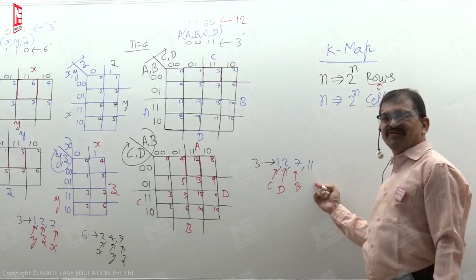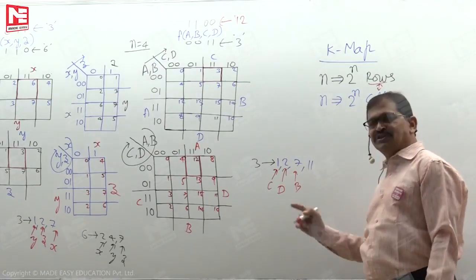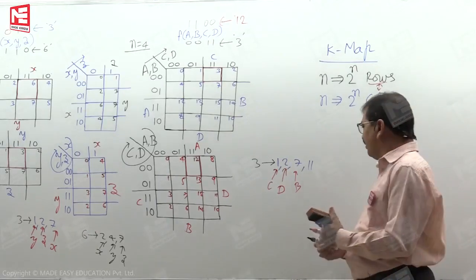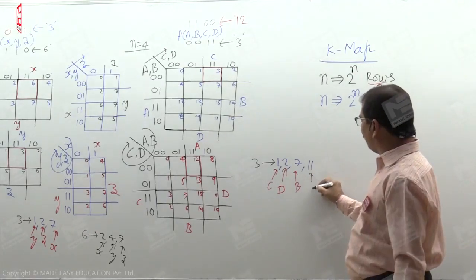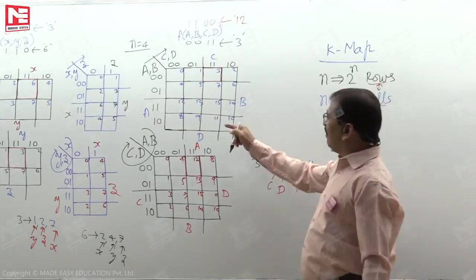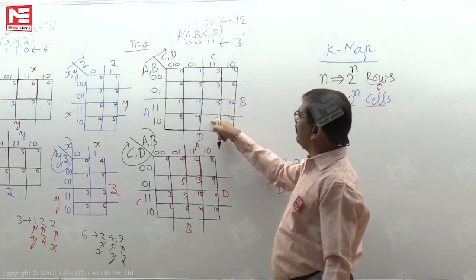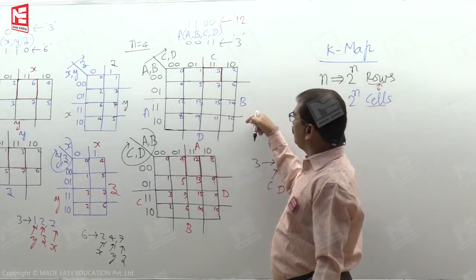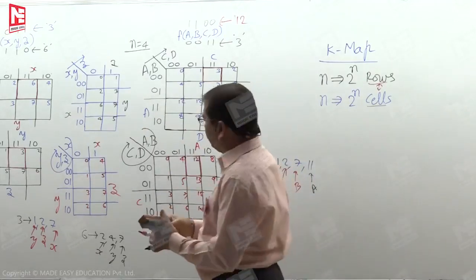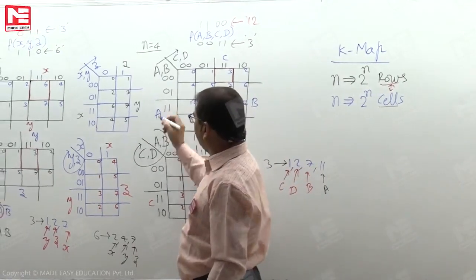Definitely it is supposed to differ with respect to a variable other than B, C, D. Other than B, C, D, the leftover variable is A. It must differ in variable A. And if you observe, it is the answer you will be having. So 11 and 3 we are comparing. They are common with B, common with C, common with D, but differ in variable A.